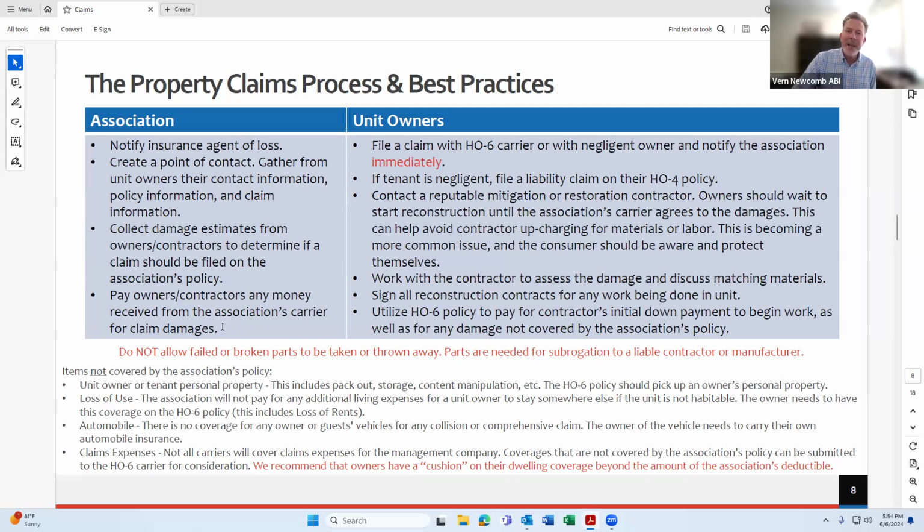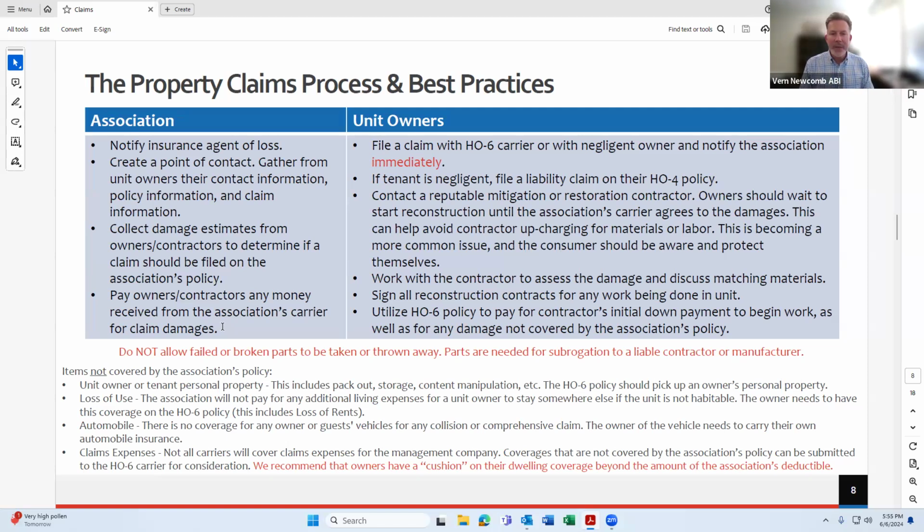Whenever there's a claim and the association's policy pays out, it pays it to the association because that's the named insured. It doesn't pay it to the individual unit owners. So the association gets that additional $50,000, and then it's up to this contact person, point of contact, to figure out which unit gets what. And they can look at the statement of loss. It'll have the units broken out on what the damage is. And that's how they can disperse those funds.